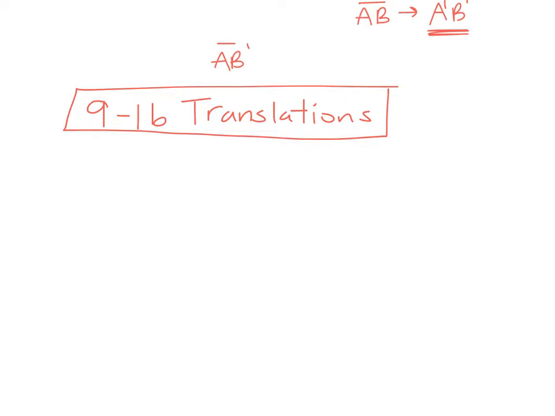The other word for a translation is a slide. If you're thinking in picture form, I feel like slide makes a lot more sense to people, but just know that a slide and a translation are the same thing.